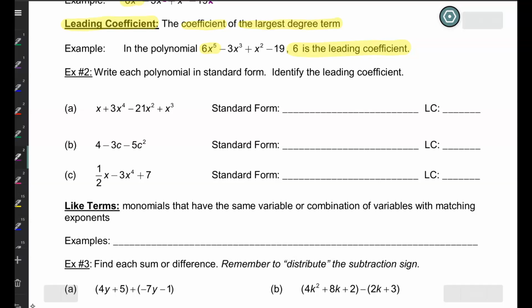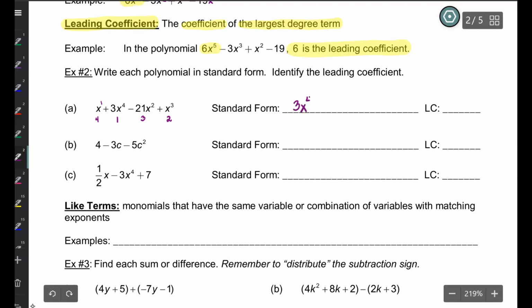Okay, so take a look. Which one has the largest exponent? So that's going to be the first one. Then we have x to the cube. That's going to be our second term. Then minus 21x squared. That's going to be our third. And lastly, because that has a degree of 1, that's going to be the last one. So let me rewrite it.